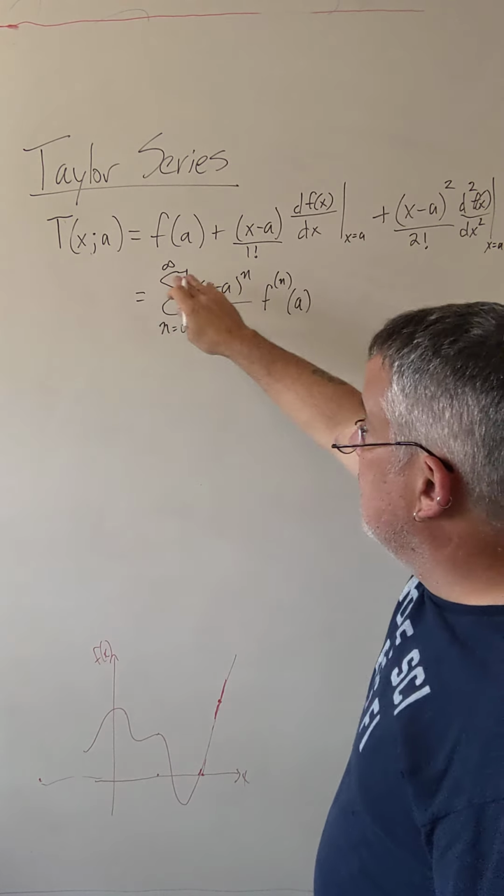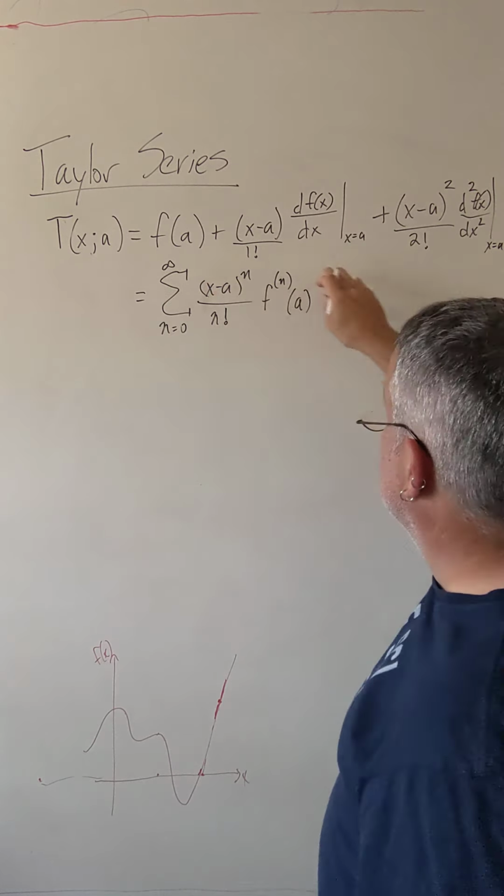So we're going to make a truncation of the Taylor series at just the n equals 1 term.